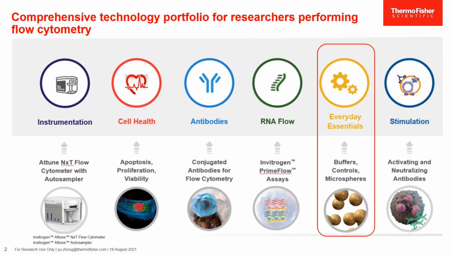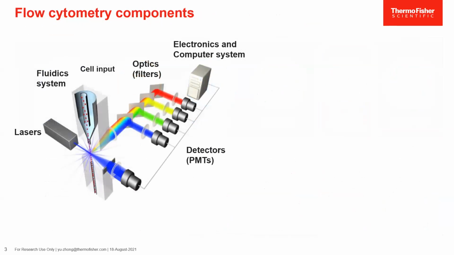So why do we need these particles, and how can they help us obtain high quality data? To explain it better, we need to look at the components of a flow cytometer. I think you all know it well, so I will just briefly mention that it has three major components: the fluidics, the optics, and the electronics. They work together to provide a complete system for cell analysis.